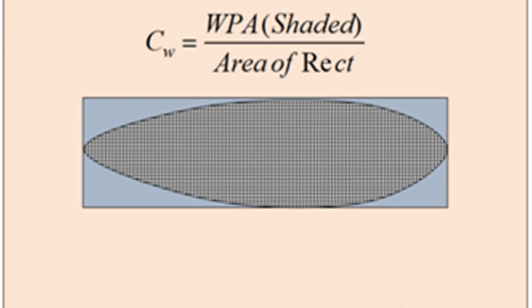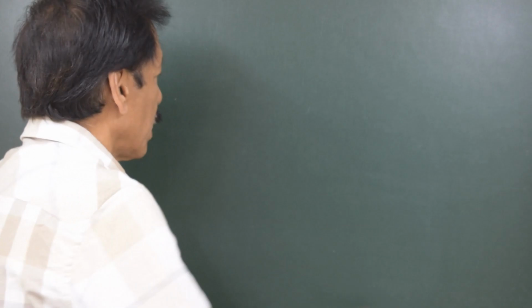What is this water plane coefficient? Well, water plane coefficient is used to find out the water plane area at any draft. Let us look at the water plane coefficient.